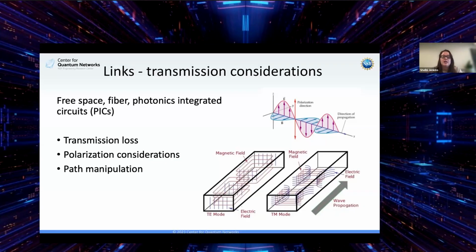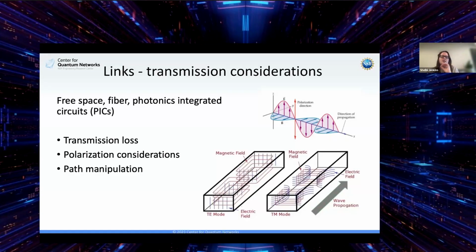So being able to change the path quickly and easily is going to be pretty essential when you're looking at large scale networks. So for those reasons, free space won't be as great. When it comes to path manipulation, using integrated devices or other waveguide materials such as fiber is going to be really, really helpful in that regard.